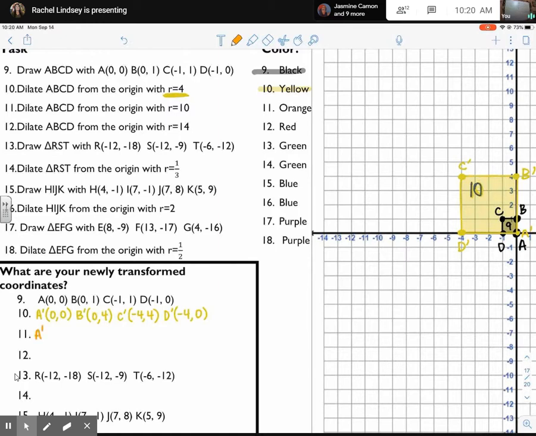So if I do that, A prime is still at 0, 0. Where's B prime? 0, 10. Where's C prime? -10, 10. And where's D prime? -10, 0. Yep.